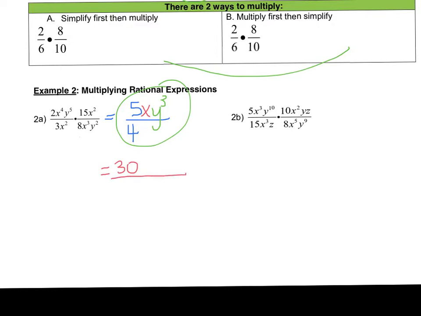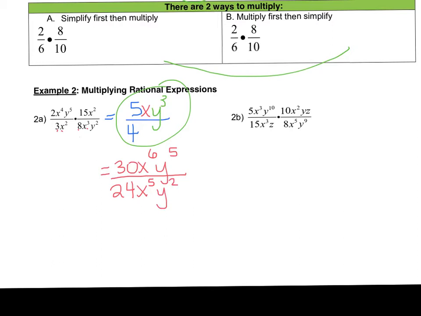All right. X to the 4th times x to the 2nd is x to the 6th, and y to the 5th times no more y's is y to the 5th. On bottom, 3 times 8 is 24. X to the second times x to the third is x to the fifth. And we have y to the second.